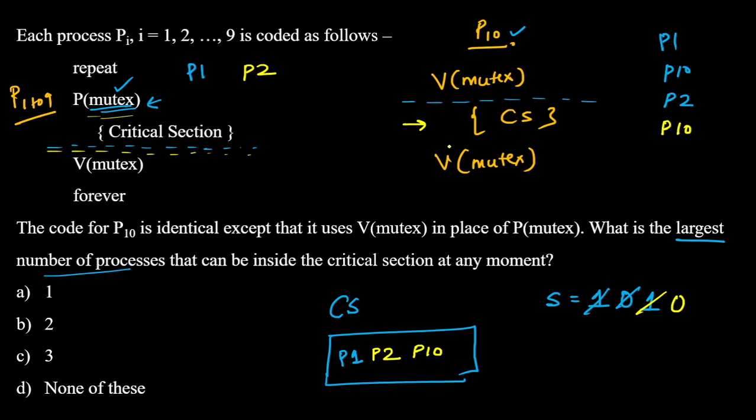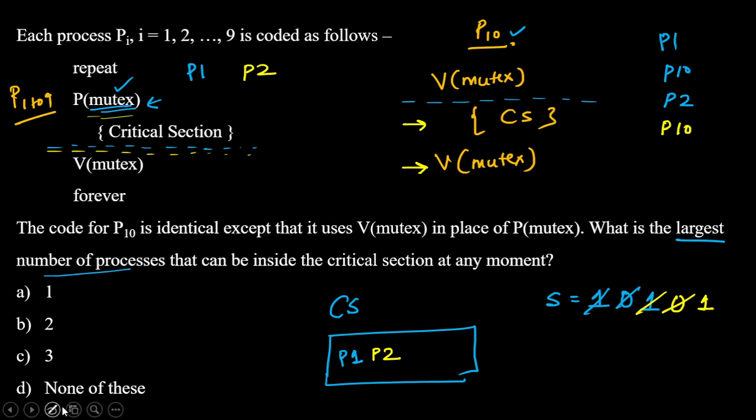And then we took P10 out of the critical section and executed V mutex again. So V mutex will again change the value of mutex from 0 to 1. And P10 is now out of the critical section. But P1, P2 are still inside the critical section. And the value of mutex is now 1.